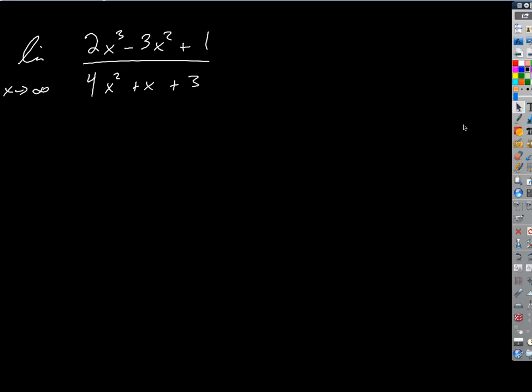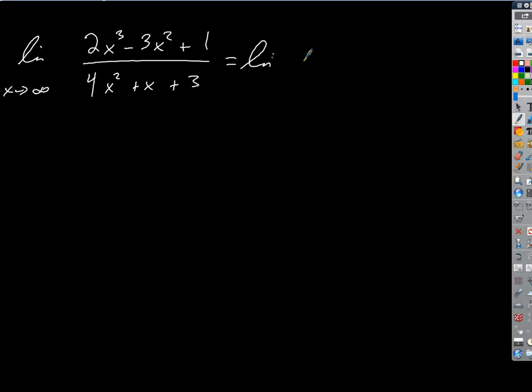No, it's not, right? If we take the limit as x approaches infinity, let's think about this in terms of looking at the dominant terms. What's the large scale behavior going to be? This is equal to the limit of the leading terms as x approaches infinity, because they're all that matter.